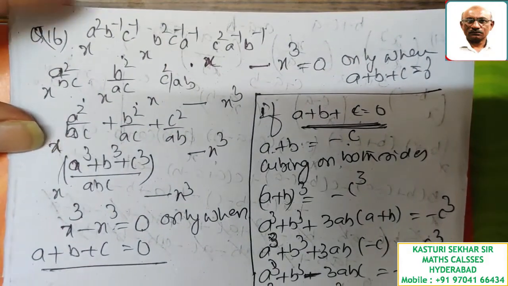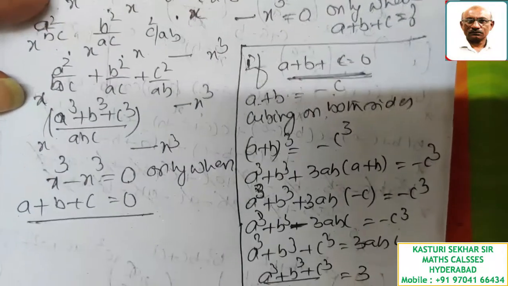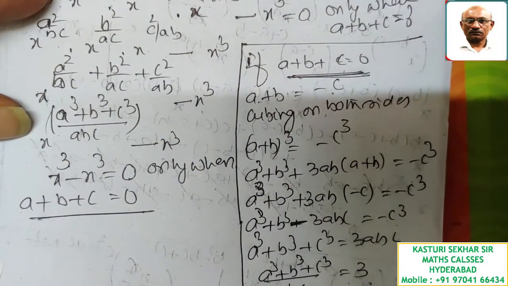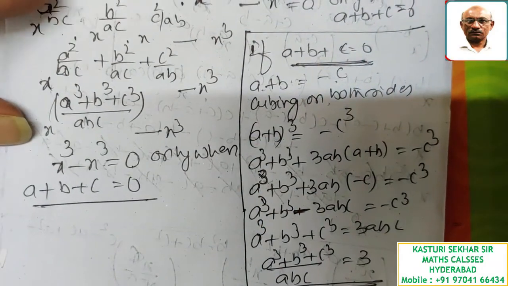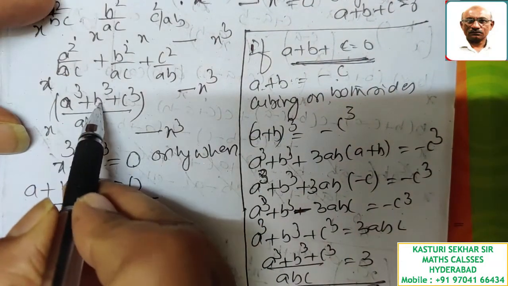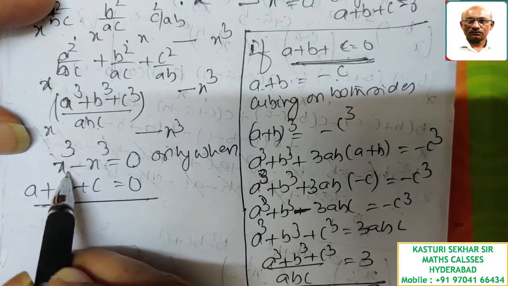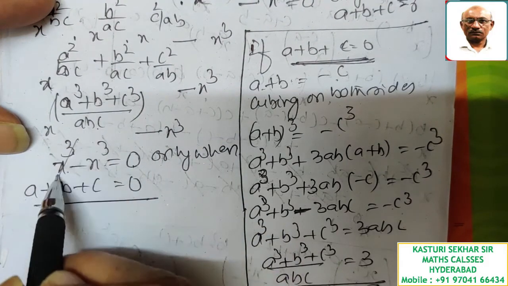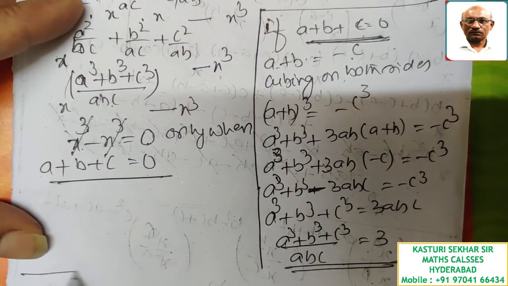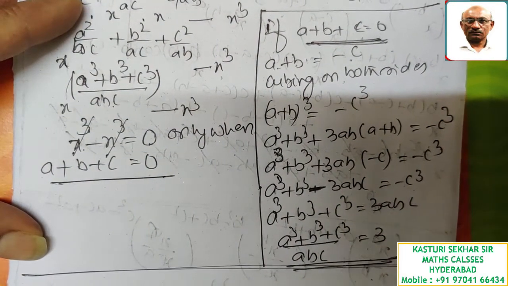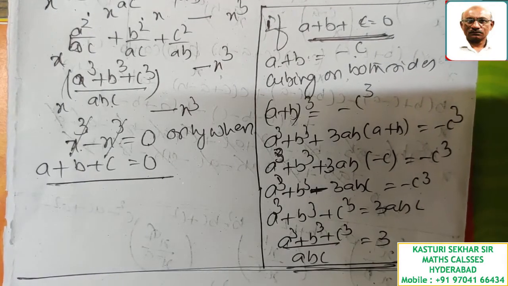Then this identity comes into the picture, and I can replace a cube plus b cube plus c cube by abc as x cube. So plus x cube minus x cube cancel, leaving 0.